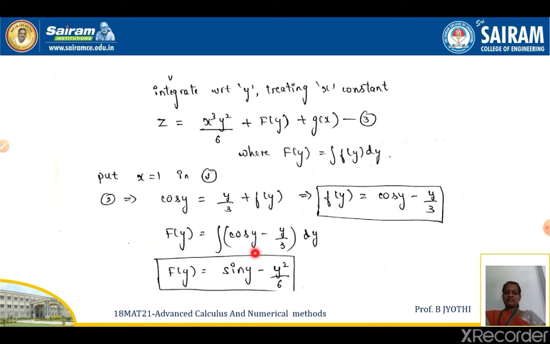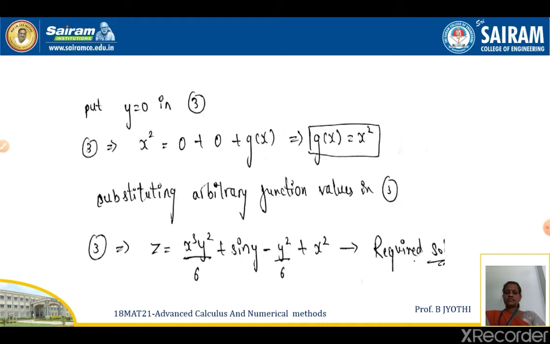So what happens? Integral of cos y minus y by 3 into dy. And we know that the integral of cos y is sin y, and the integral of y is y² by 2, which gives us y² by 6. Therefore, we are getting capital F(y) equal to sin y minus y² divided by 6. Next, put y equal to 0 in equation 3.